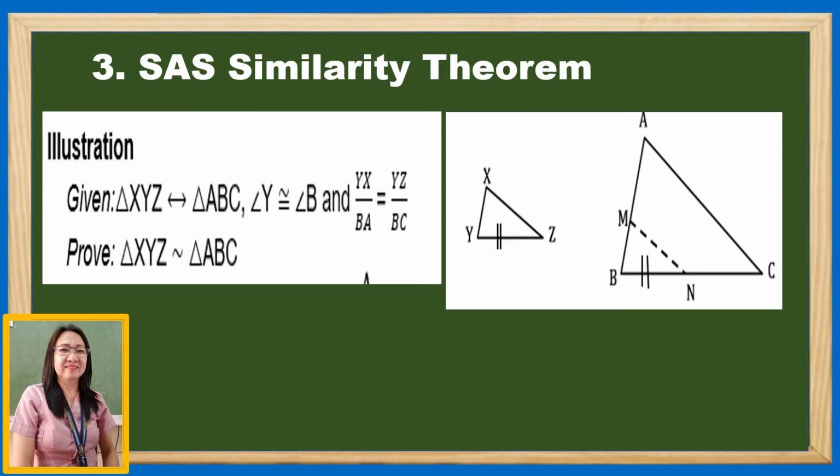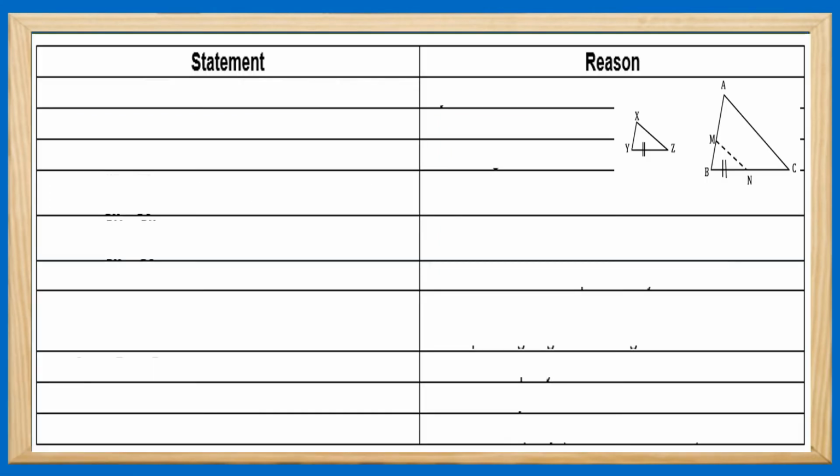So these are the corresponding sides. Then we have to prove that triangle XYZ is similar to triangle ABC. Again, we have here our statements and reasons.